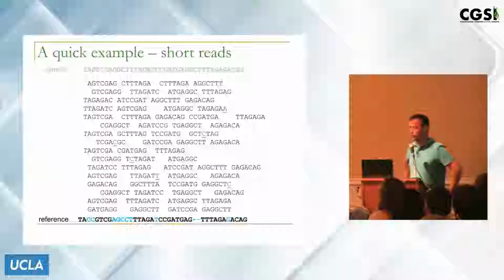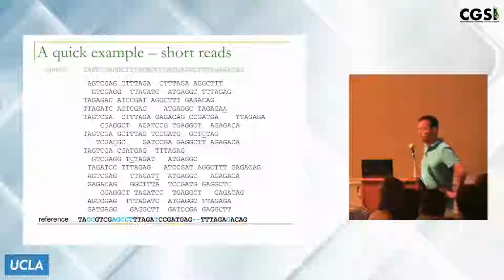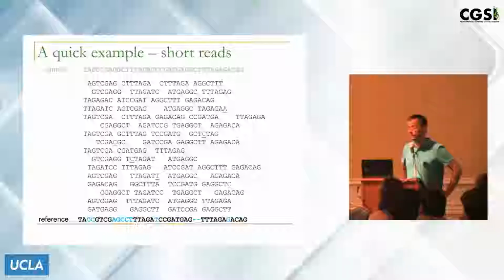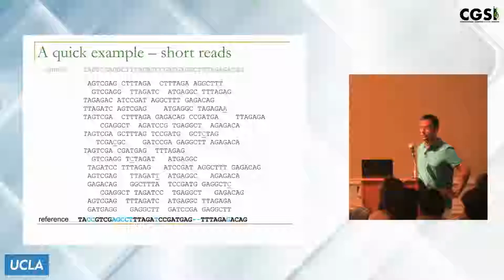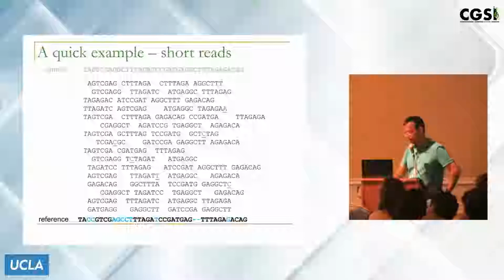But of course, we don't have the full sequence of the sample. And at the same time, the sequencing technology also makes mistakes. Those red characters are the mistakes by the sequencing technology. For Illumina, this is about 0.1%, for PacBio 12%, and nanopore 20% per read. When we have long reads, obviously, we are going to see more mistakes made by the sequencer.